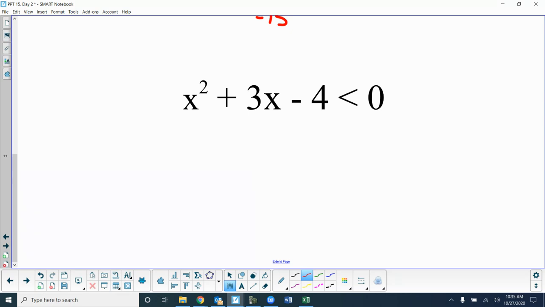You're checking, pick a number on this side, pick a number in there, pick a number there. Since that's -3, I went to the next number. You can pick any number, it just has to be less than anything else. Yeah.